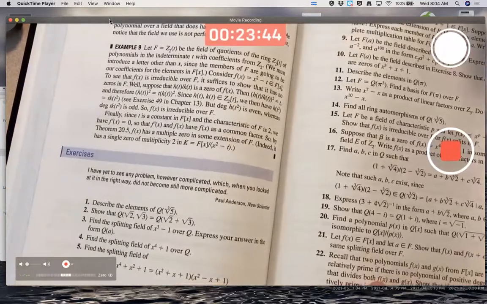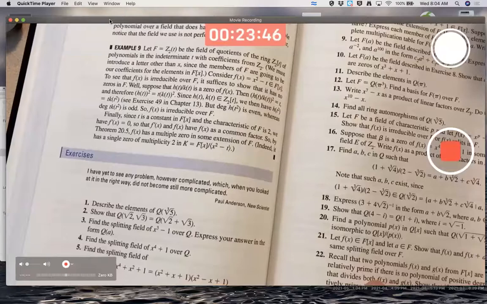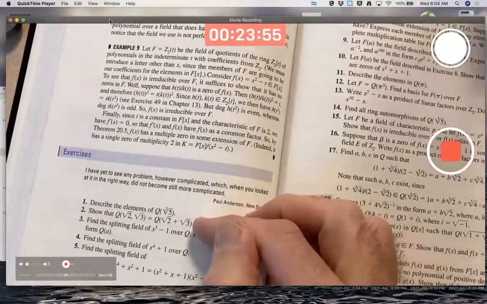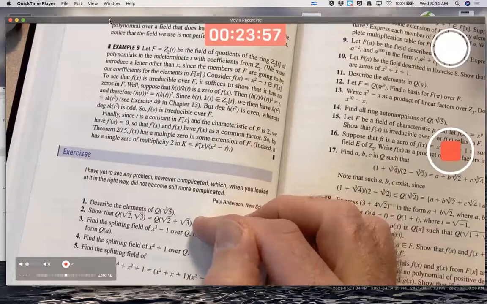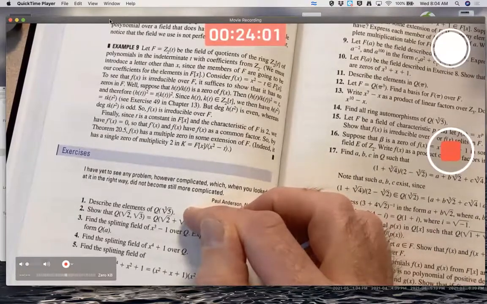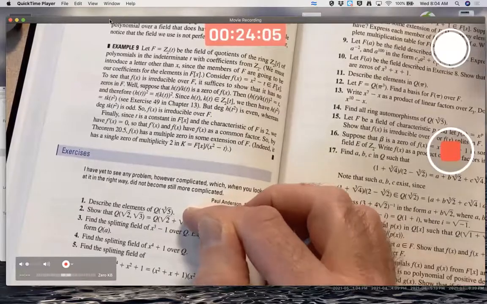In chapter 20, just to get our minds around, initially, the concept of a splitting field and what this kind of notation means that you see here, let's go ahead and start with number 1. Describe the elements of Q of cube root of 5.